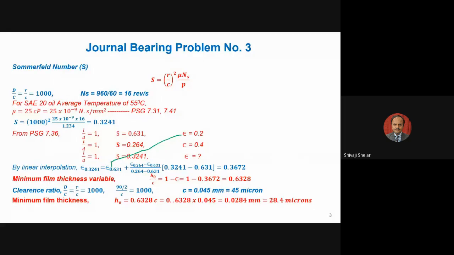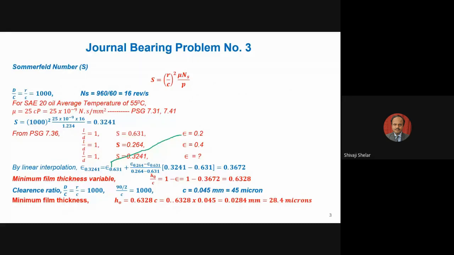Then we are going for a forward interpolation. I want the value at 0.3241, but my starting point is 0.631, so minus 0.631. The next value is 0.264, so 0.264 minus 0.631. The numerator is the next value minus the initial value.